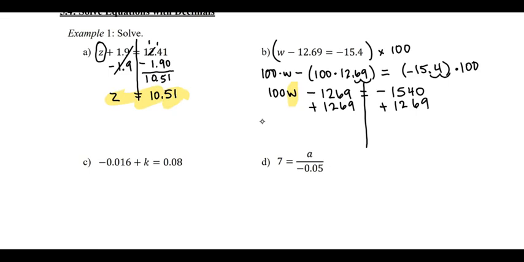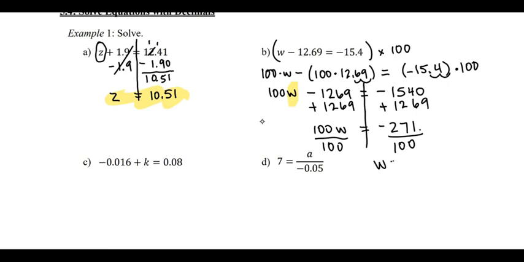So I have now 100W equals negative 271. My last step is to divide both sides by 100. When you divide by 100, because this is a whole number, you take your imaginary decimal point and move it twice to the left.